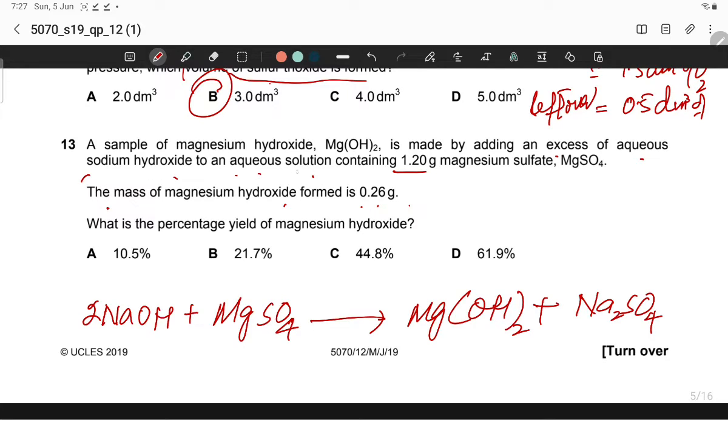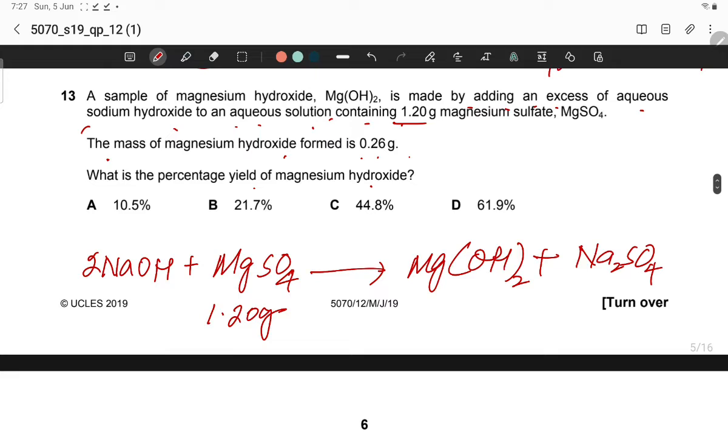Magnesium hydroxide is made by adding an excess of aqueous sodium hydroxide to a solution containing 1.20 gram of magnesium sulfate. What is the percentage yield of magnesium hydroxide? 0.26 gram of magnesium hydroxide is formed.